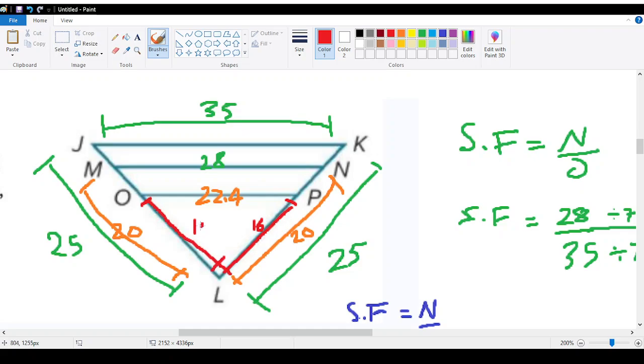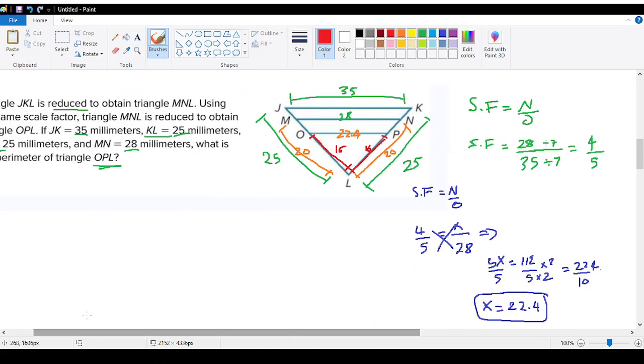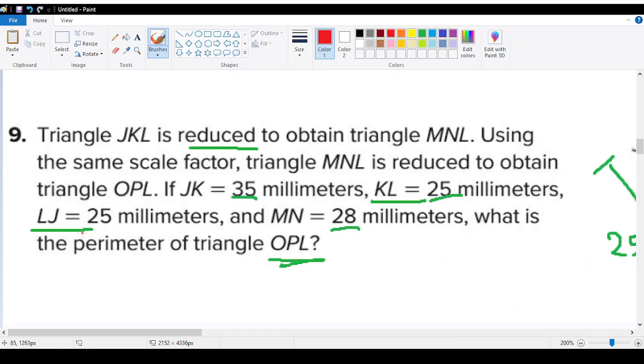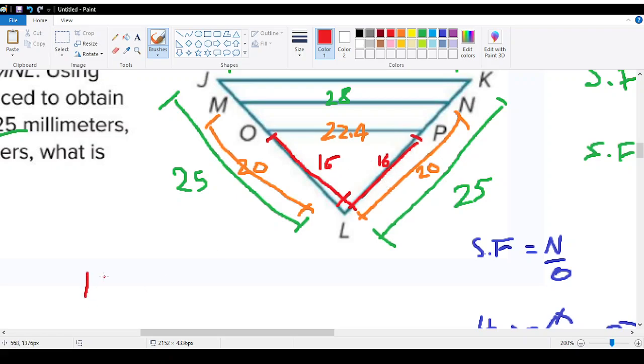He's asking for perimeter. What's the meaning of perimeter, Shamsa? You don't know what the meaning of perimeter is? Let's say perimeter means the total length, meaning the total of the outside. What do I tell him? 16 plus 16, and 20 plus 20?